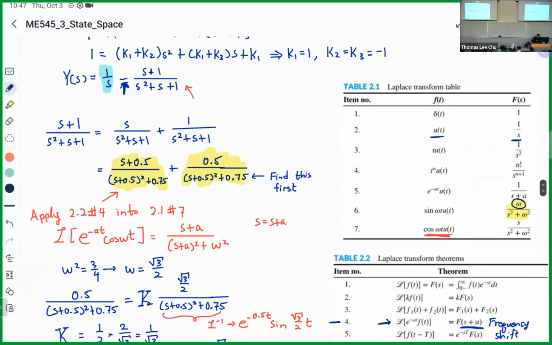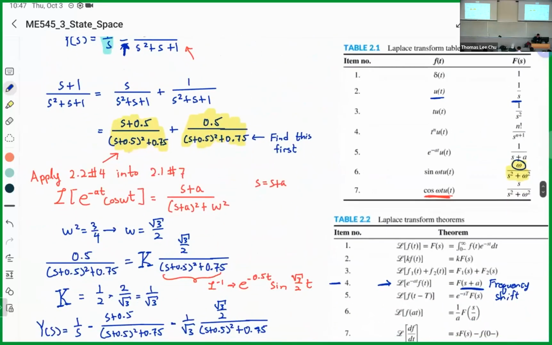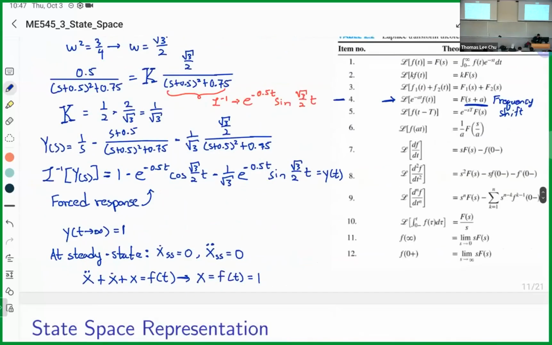But then for this polynomial that we were not able to factorize, we have to complete the square and break it up into a form where it's a combination of property number 4 in table 2.2 and property 7 in table 2.1. Once we got that, we're able to take the inverse Laplace transform and get this final answer, which is the total response.